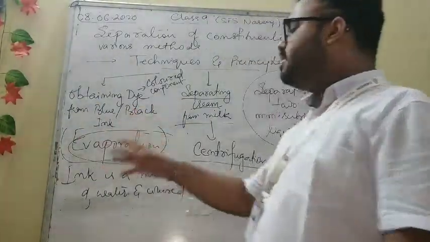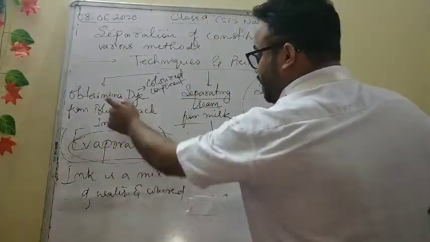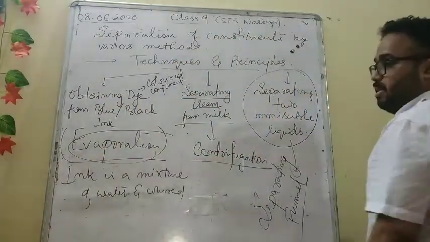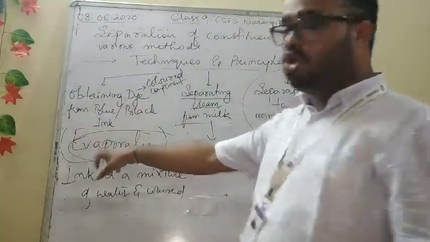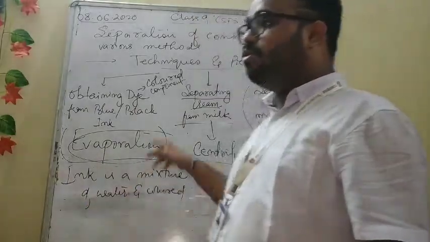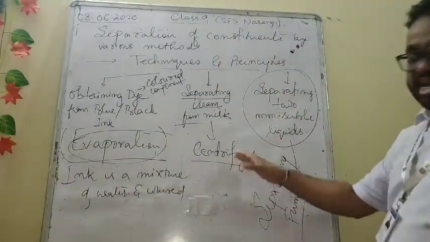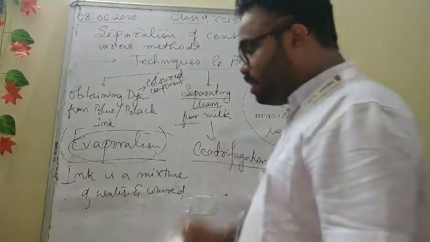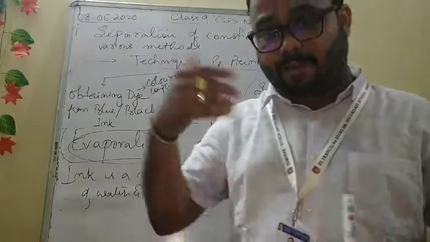So these are the three separation techniques. You have to write the separation technique, the separation purpose, and the principle. Today we discussed obtaining dye from blue or black ink with the help of evaporation, where water is evaporated. We discussed separating cream from milk, which is done by centrifugation, where the denser particles stay at the bottom and the lighter particles come up.